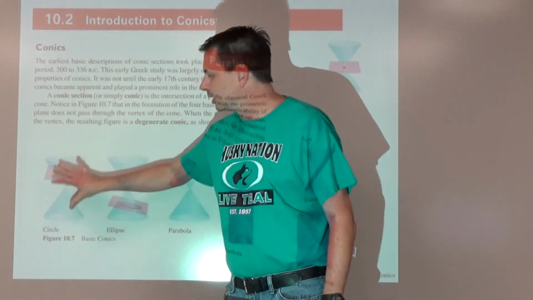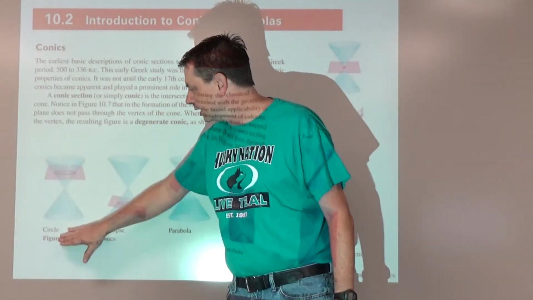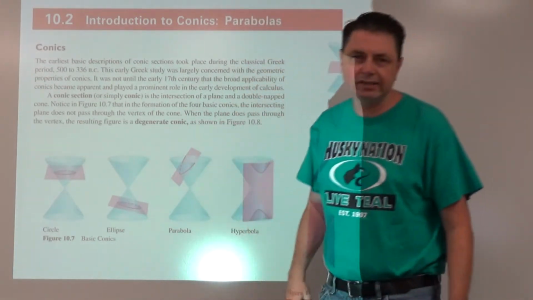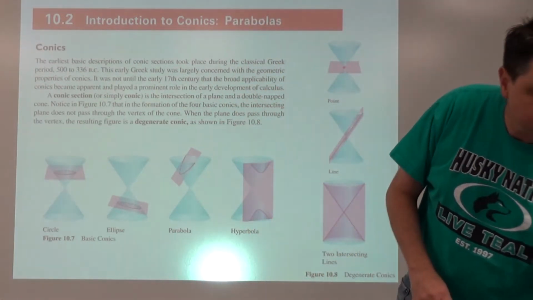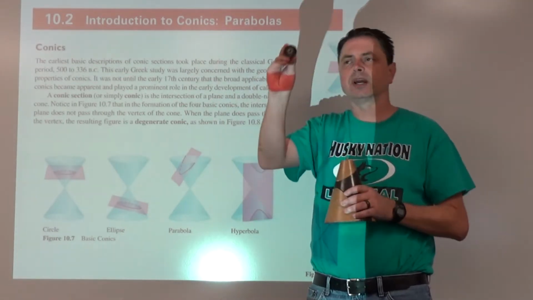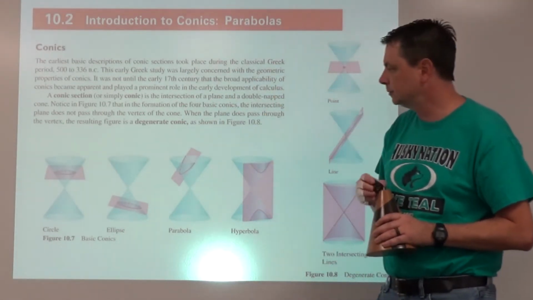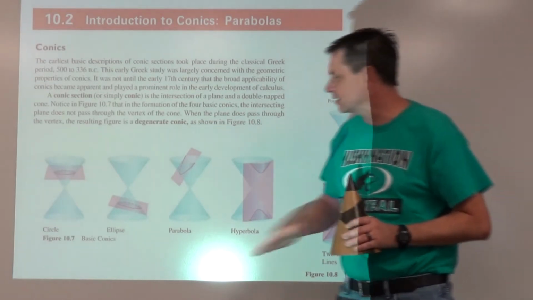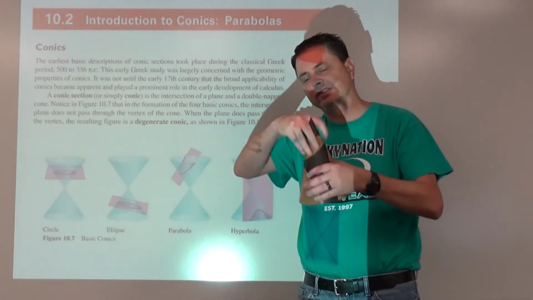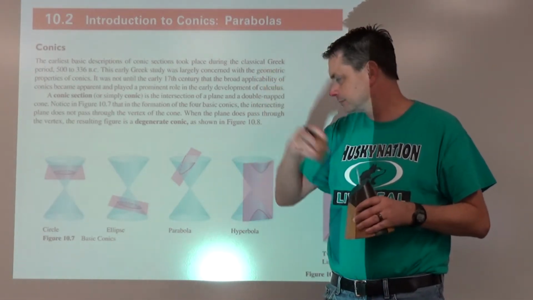We're not going to do a whole lot with the circle, but if we slice it parallel to the theoretical base, we're going to get a circle. If we slice at an angle and it passes through one of the sections, then we're going to get an ellipse.